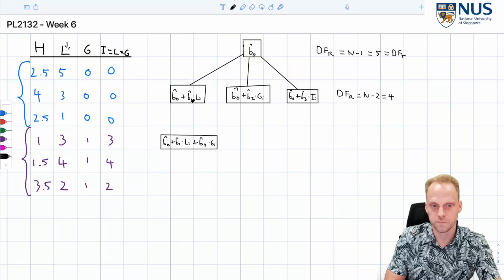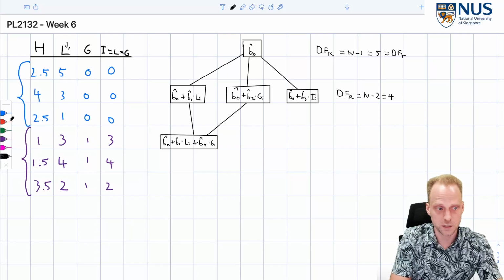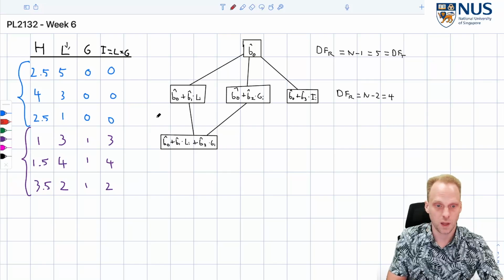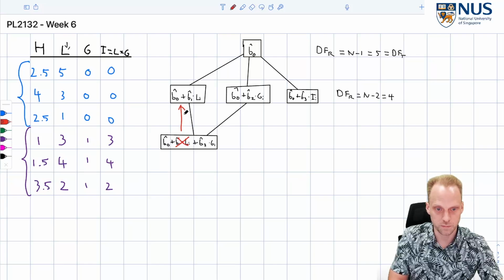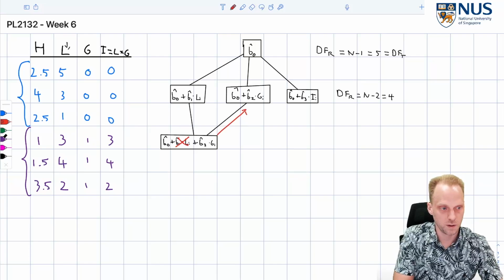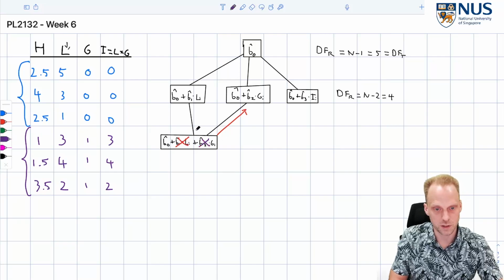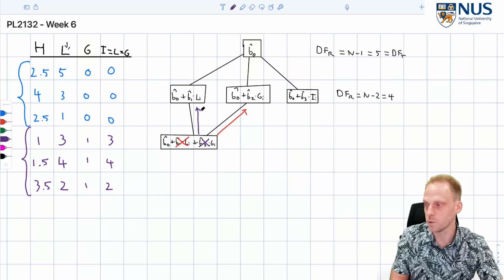In this case, there's again a relationship like this, because if B1 here is 0, then this becomes this model, or this model. But if B2 is 0, then it becomes this model. We call this a nesting relationship.